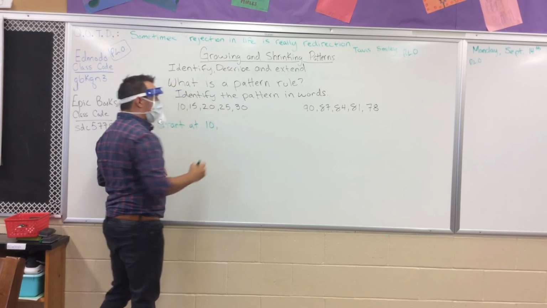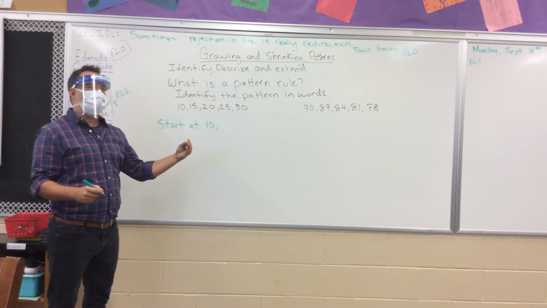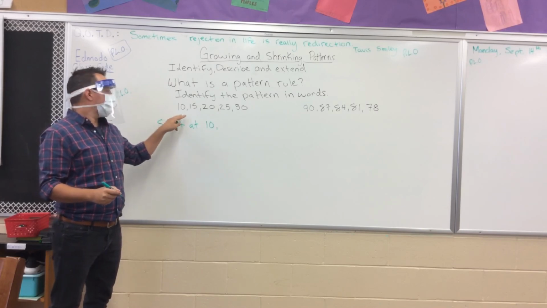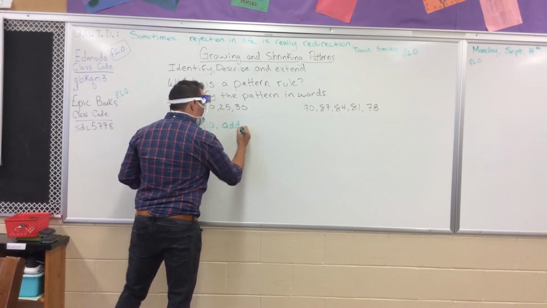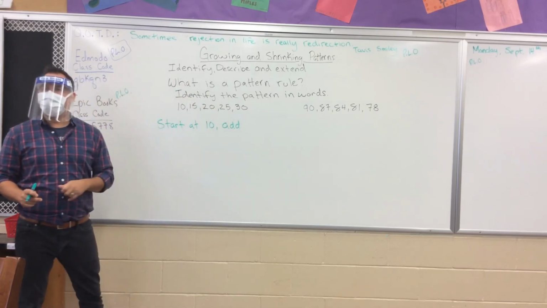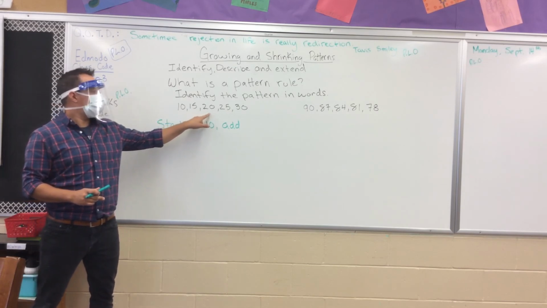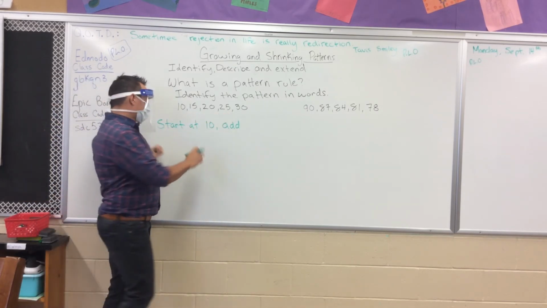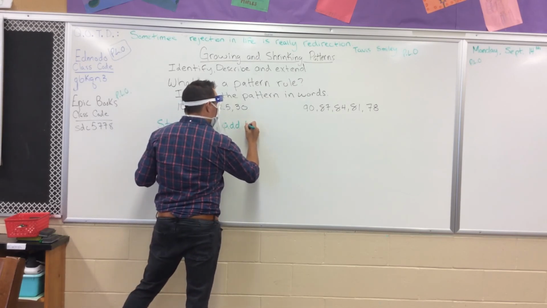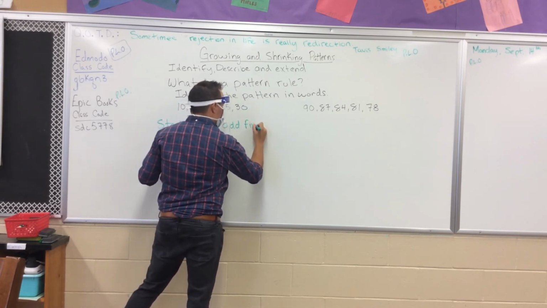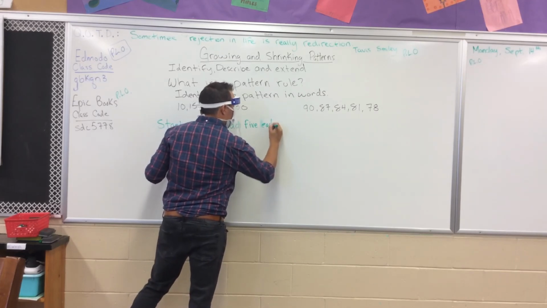In this case, we're growing, not shrinking. And so we are doing what? Addition. So we add, what's the number we add each time? Joe? What's this one going up by? Yeah, 5s. So start at 10, add 5 each time.